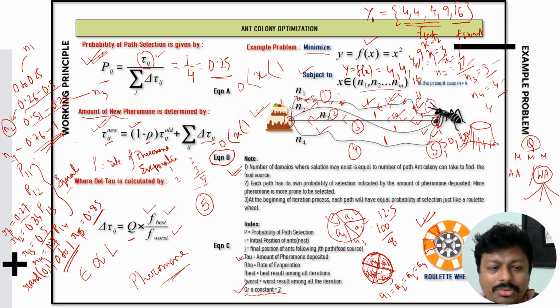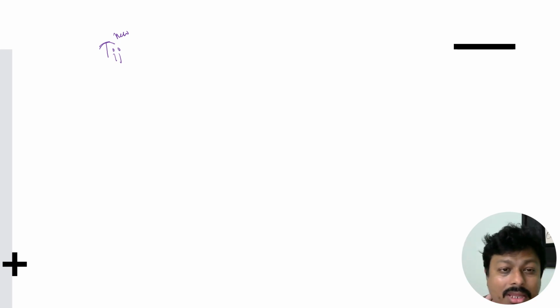So tau new. This will be the tau ij new, because tau is now different for different paths. So that is what we are calculating. Let us see, this tau is 1, 1.